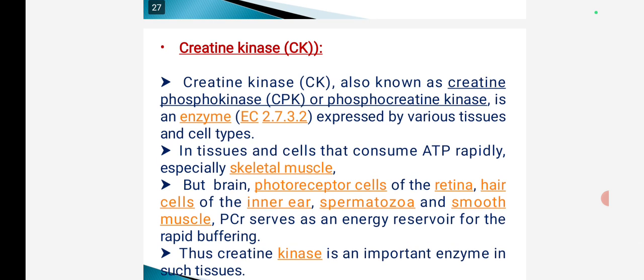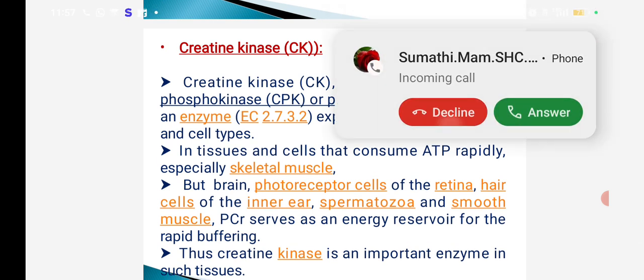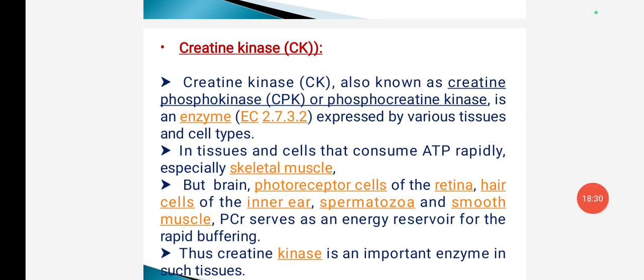Next example of isoenzyme, creatine kinase. Creatine kinase, also known as creatine phosphokinase or phosphocreatine kinase, is expressed by various tissues and cell types.